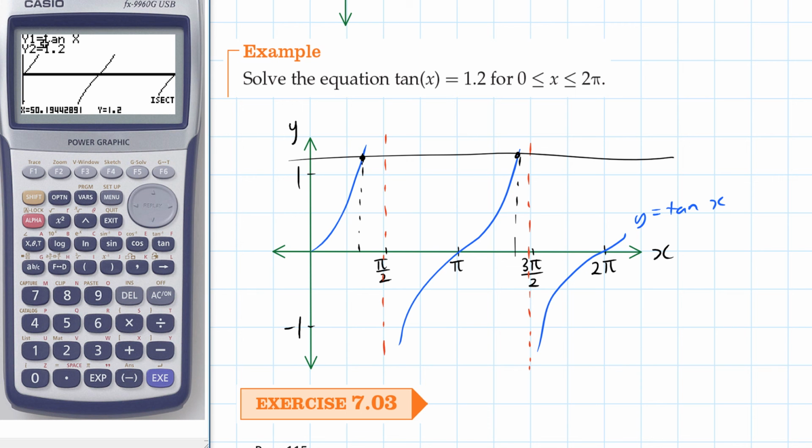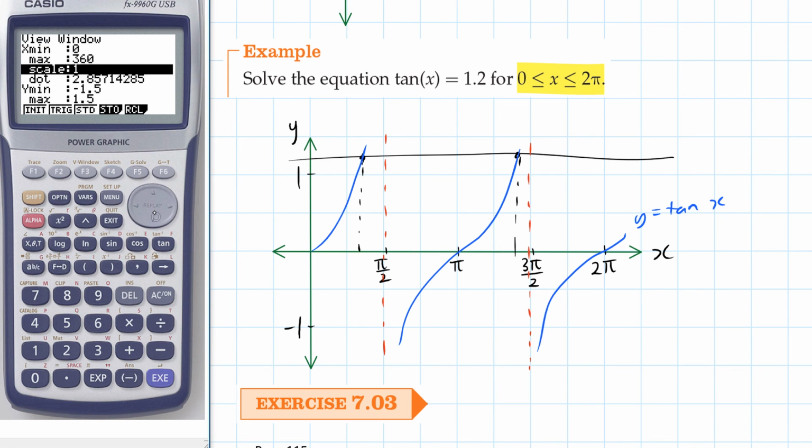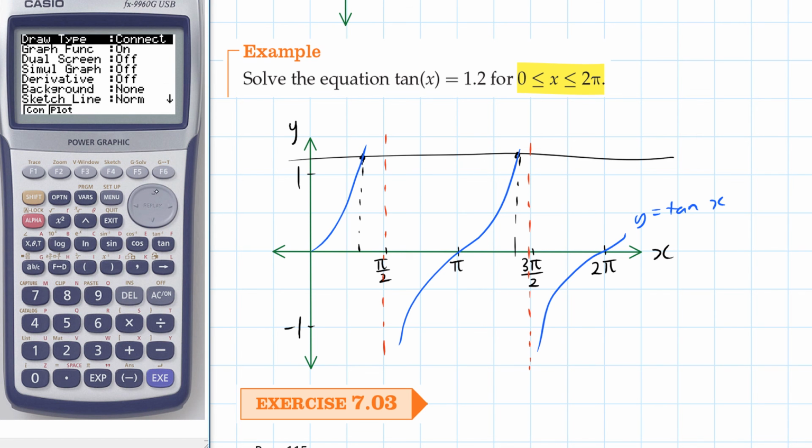So we've got 50.2, although I just noted that this time we should be working in radians, so we should change that first. So let's change our viewing window to go from 0 to 2 pi, and we'll also need to change back into radians.